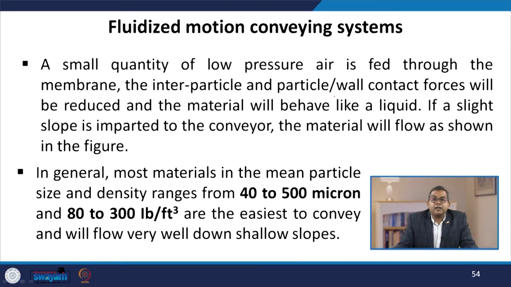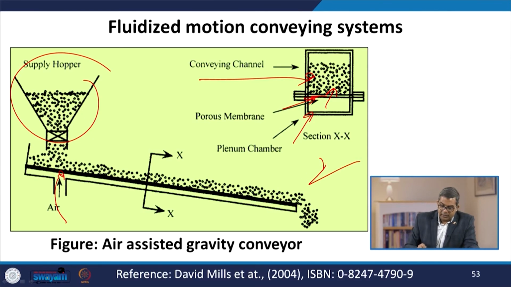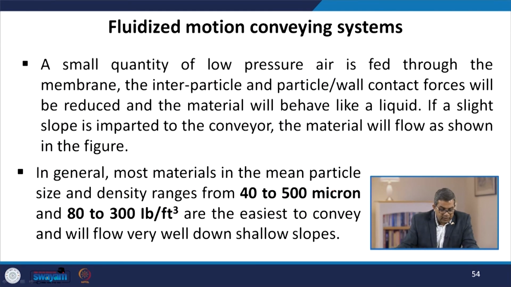The inter-particle and particle-wall contact forces can be reduced, and the material will behave like a liquid. Now, if a slight slope is imparted to the conveyor, the material will flow as per this figure. In general, most materials with mean particle size and density ranging from, say, 40 to 500 micron and 80 to 300 pounds per cubic feet are the easiest to convey and will flow very well down shallow slopes.